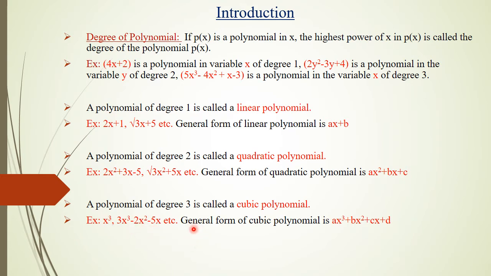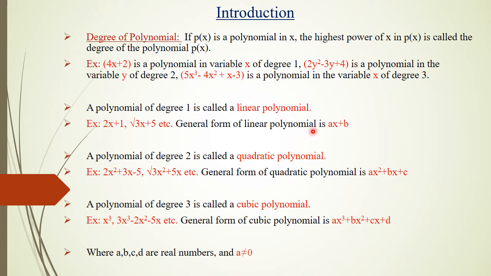The general form of a cubic polynomial is ax cube plus bx square plus cx plus d, where a is the coefficient of x cube, b is the coefficient of x square, c is the coefficient of x and d is a constant term. Out of these, b, c, d, these three terms can be 0, but a cannot be 0 here.